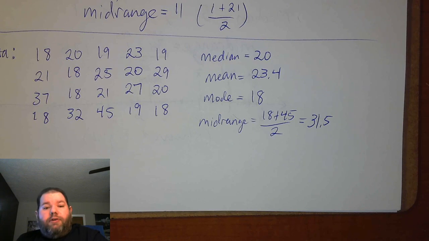We'll definitely want to use some kind of technology, whether it's the calculator or if you're adept at Excel. Definitely want to use one or the other to be able to find those means and medians, especially because that's going to be a difficult calculation otherwise.